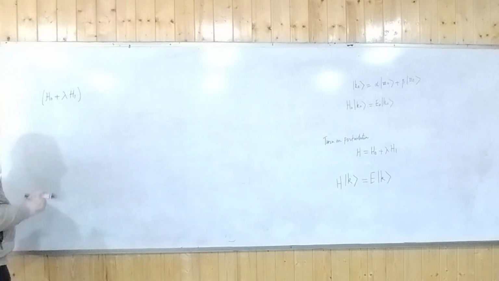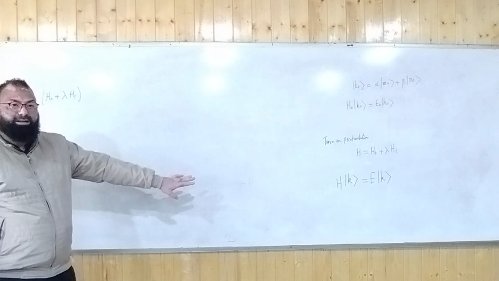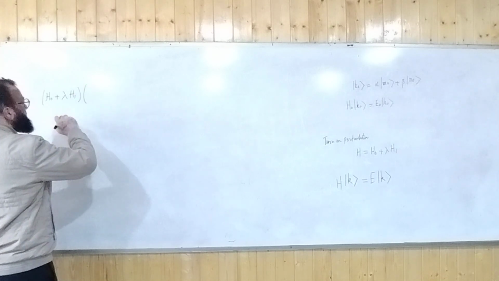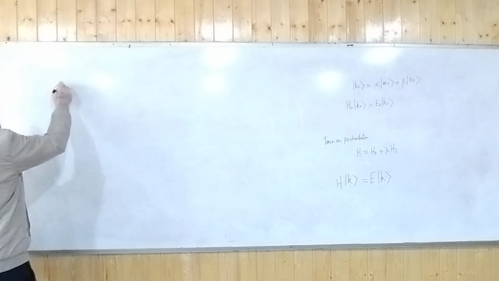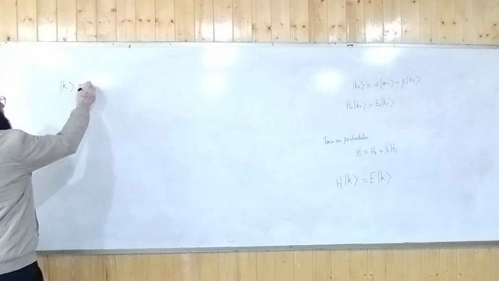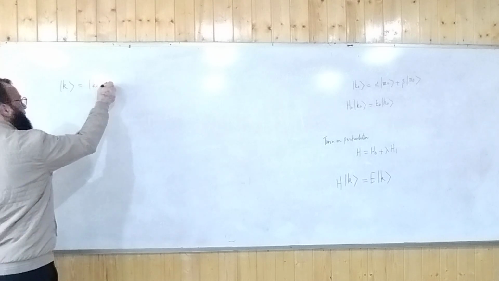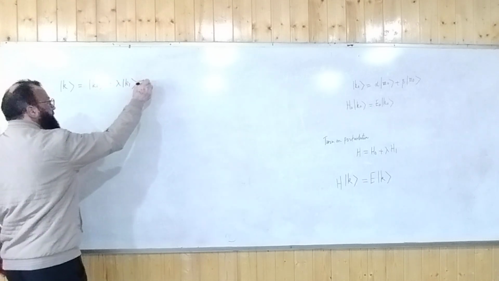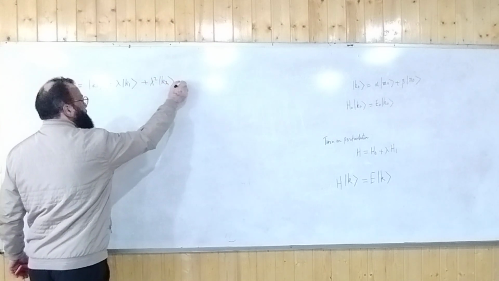Now expand this |k> as a power series of lambda. How to do that? I will write directly. You expand first this |k> as the unperturbed state plus first order correction |k1>, then you are having second order correction, and so on.